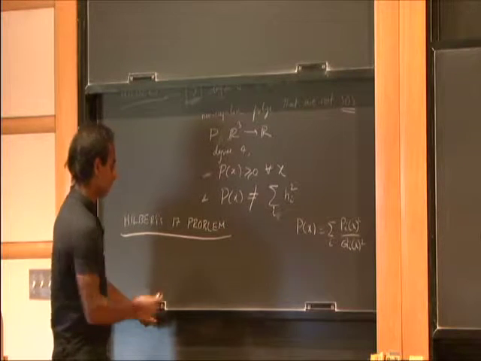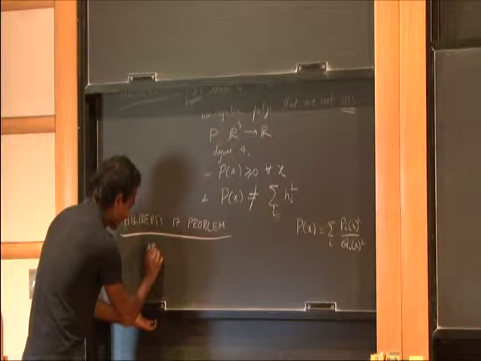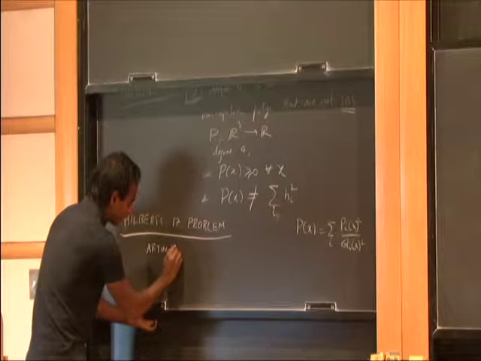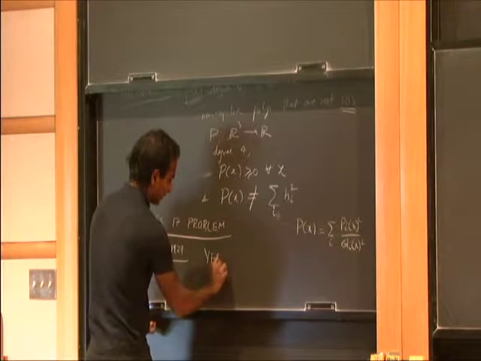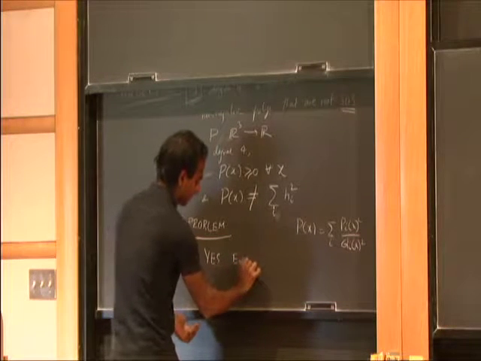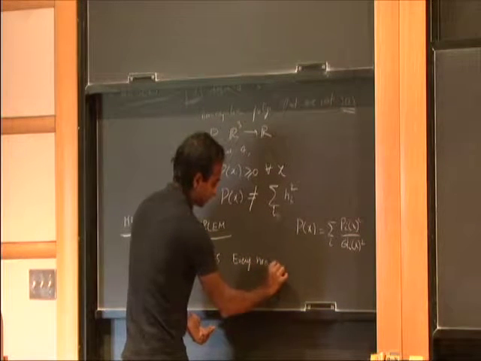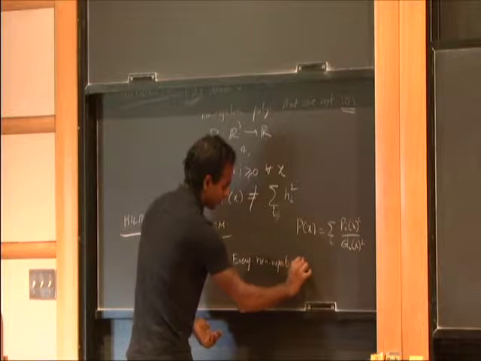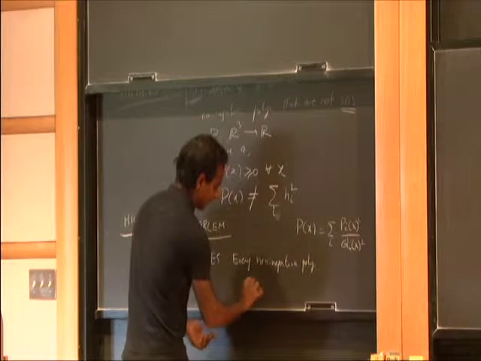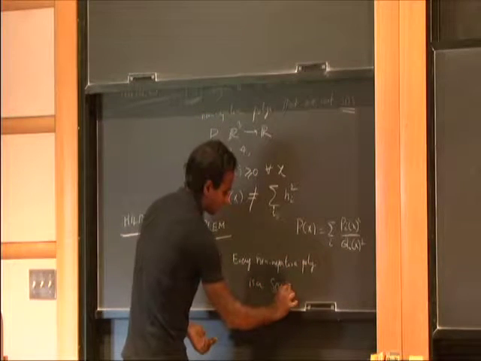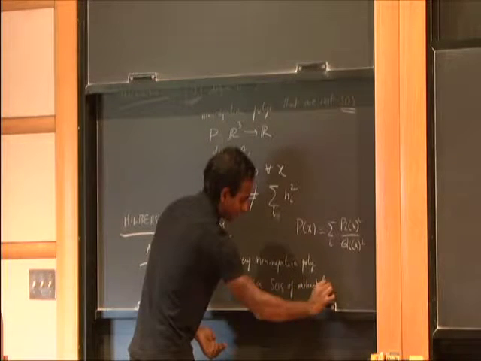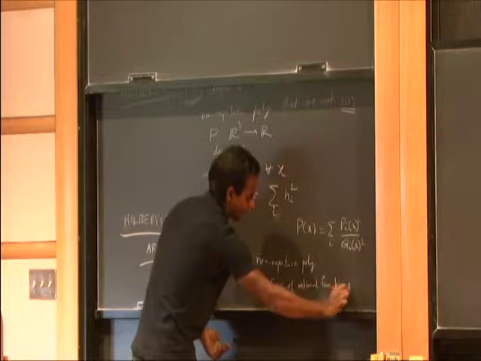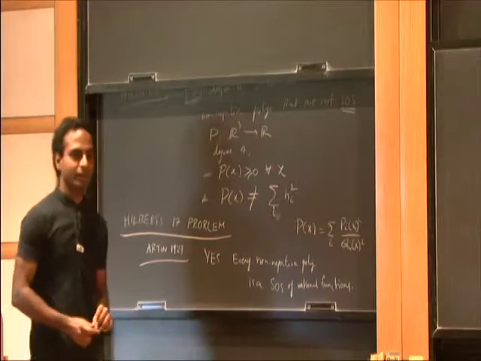And now, Artin in 1927 showed that yes, every non-negative polynomial is a sum of squares of rational functions. Okay?